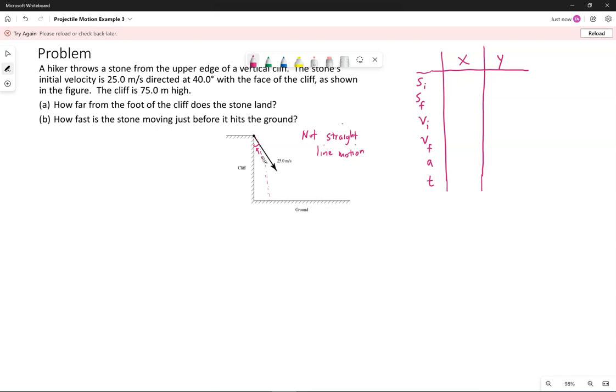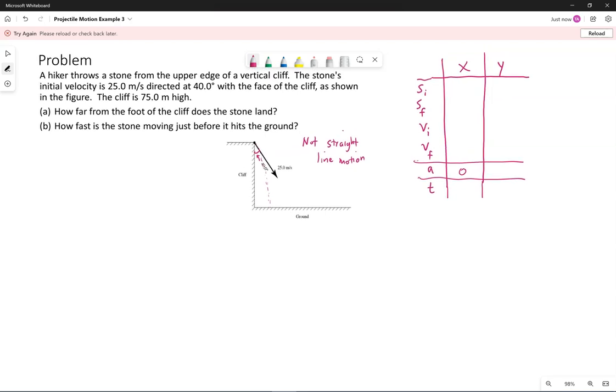We can use the kinematic equations because we are assuming no air resistance. Even though the problem doesn't specifically state no air resistance, we are assuming no air resistance. And then we do know there is an acceleration downwards at 9.8 meters per second squared.